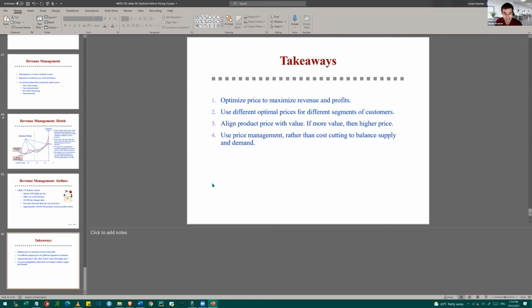So for our benefit, the takeaway is that you can optimize price to maximize revenue and profits. You can use different optimal prices for different segments, the point that I typed earlier. But you should remember that price should be aligned with value. If someone is getting more value out of the product, it makes sense to charge them more.